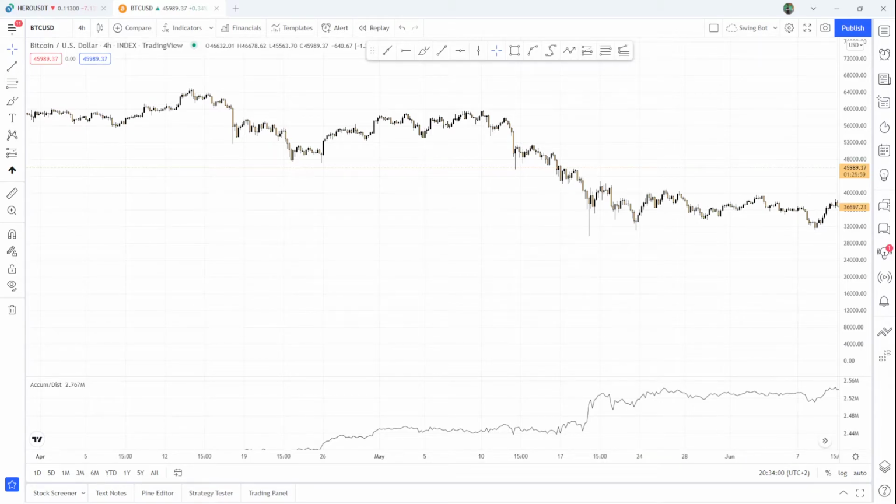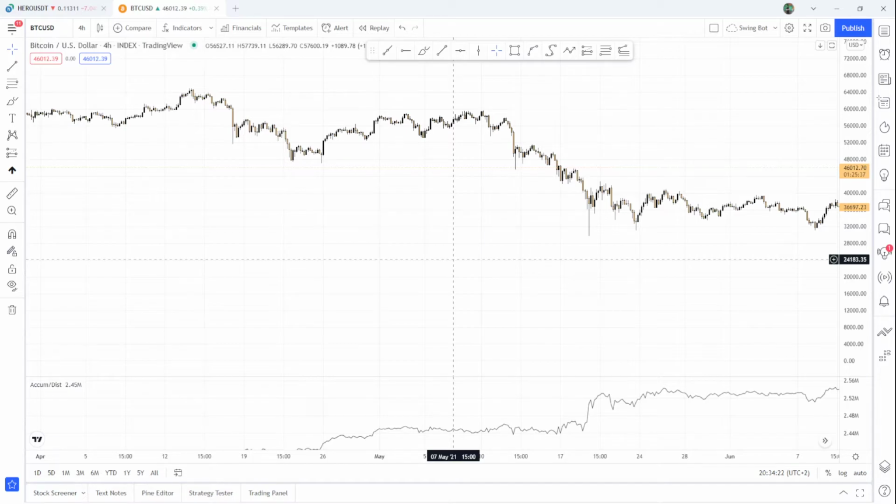So also when the price continues to make higher peaks and accumulation and distribution fails to make higher peaks, the uptrend is most likely to stall or fail, okay.